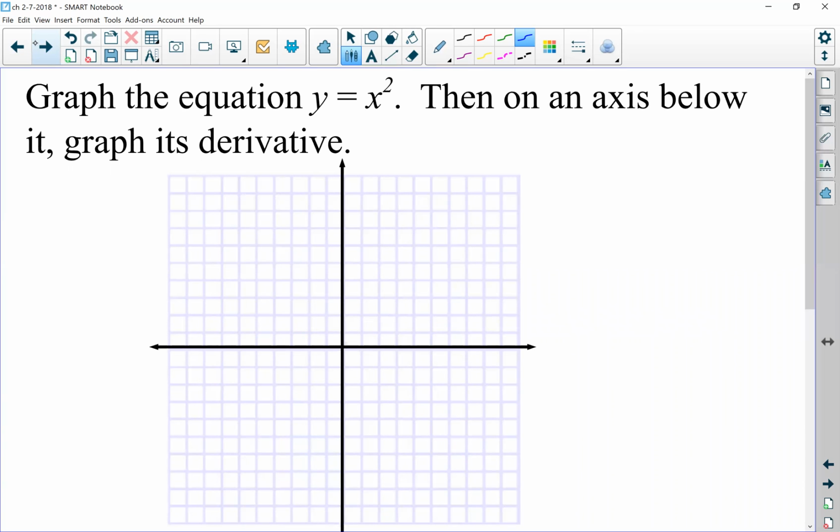Part of what you're going to do in your homework is match functions and derivatives. So we're going to graph y equals x squared, and then we're going to graph its derivative. So I'm going to graph the function in blue. I'll graph the derivative in red.